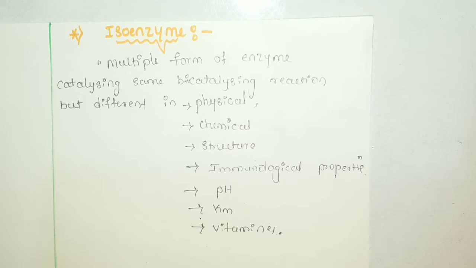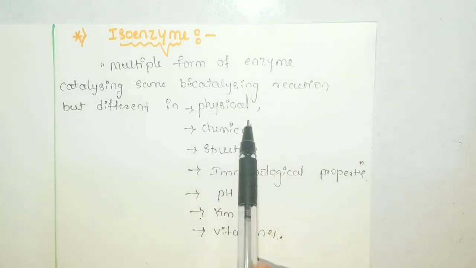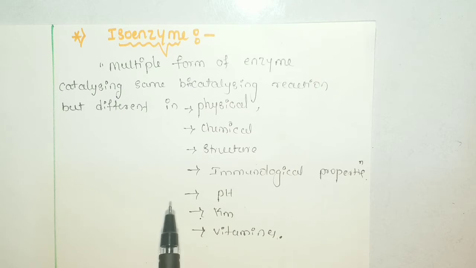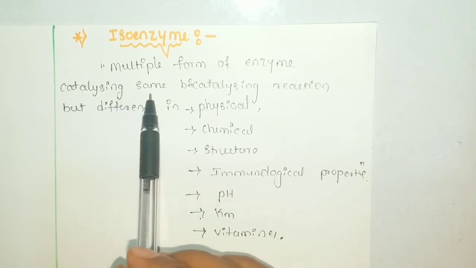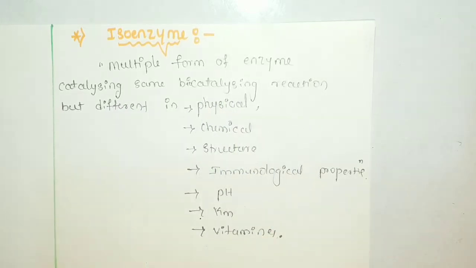Here the different names refer to physical, chemical and structural differences, but the taste is the same sweetness. All varieties of sweets give the same taste, that is the same biocatalyzing reaction. Multiple forms of enzymes give the same biocatalyzing reaction but differ in physical, chemical, structural properties, etc. It is called an isoenzyme.